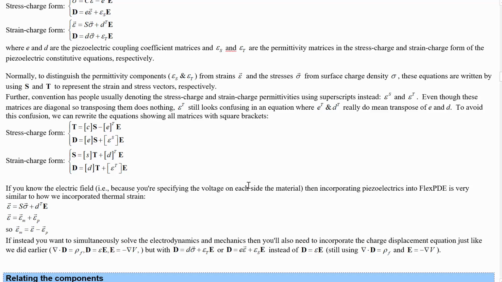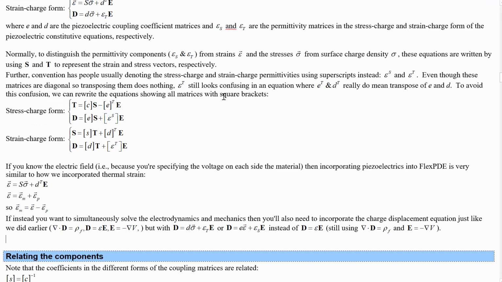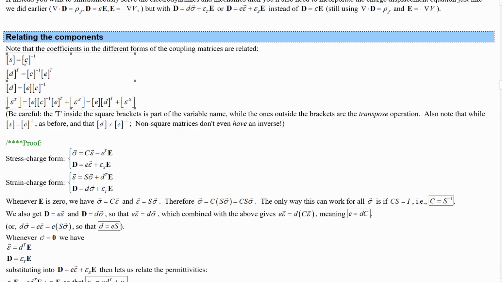So if we have just a dielectric in otherwise empty space, then there's no D field at all, and we'll be able to say that the D in the second equation is equal to 0, and use that to solve for the E, make a more combined equation that we can then use to solve for the stress and strain and subsequently the voltage.